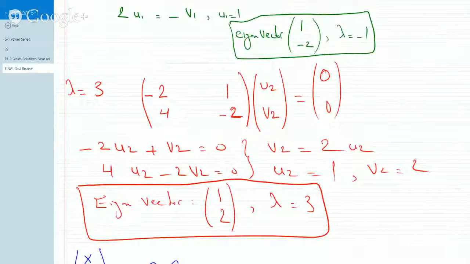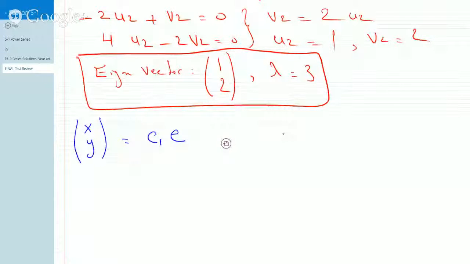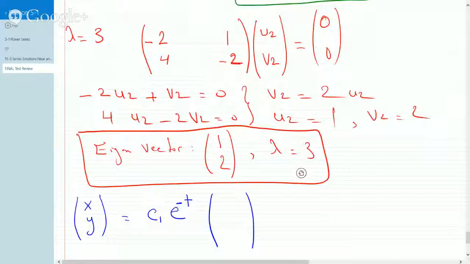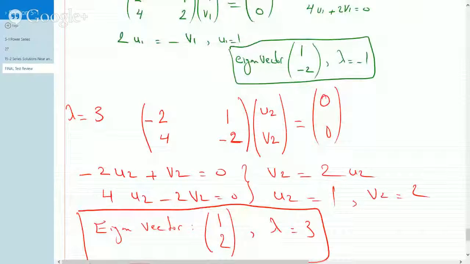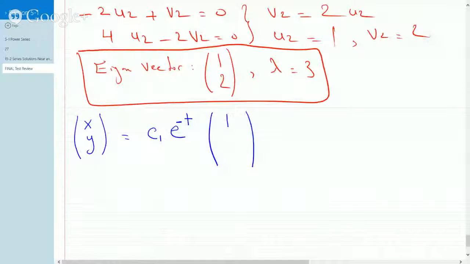So the first one was minus 1, so this will be e to the minus t multiplied by the first eigenvector, which was 1, minus 2.